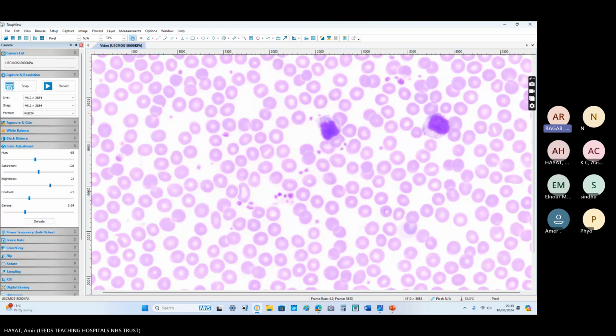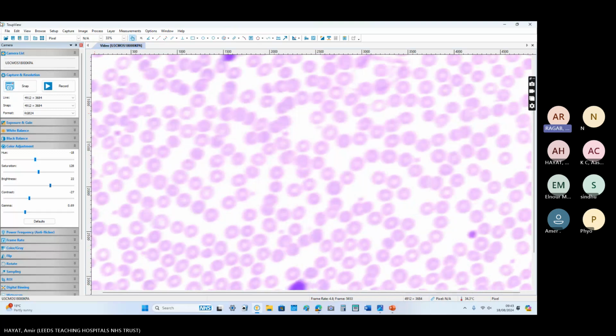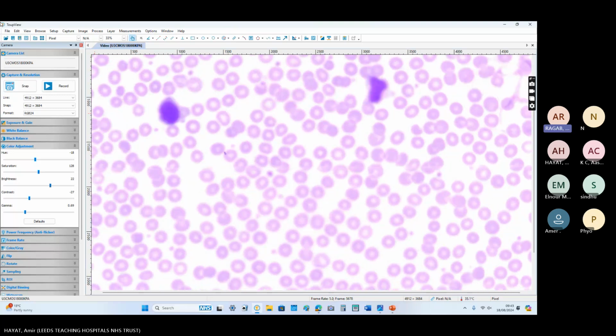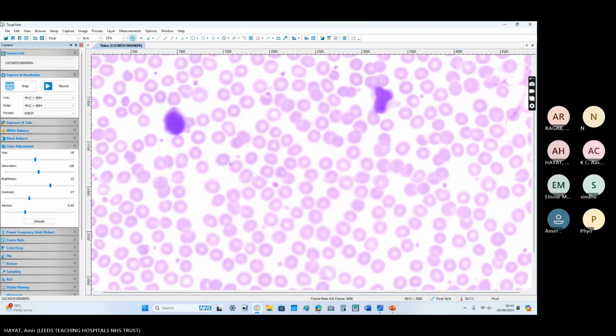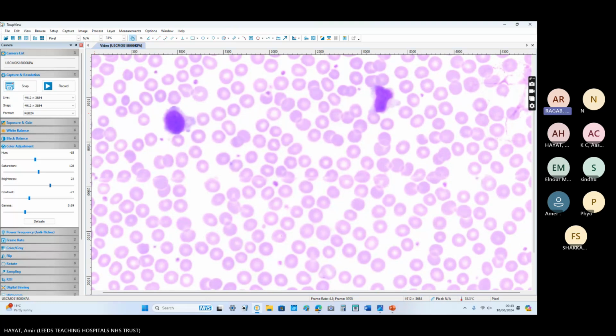In terms of the report, I would say there is a slightly increased white cell count, mainly lymphocytosis with atypical lymphocytes.